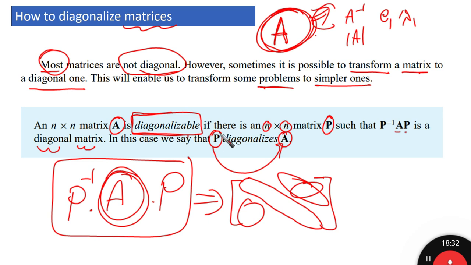We're going to obtain a matrix called P, and we are going to have P minus 1 times A times P in order to get the output.